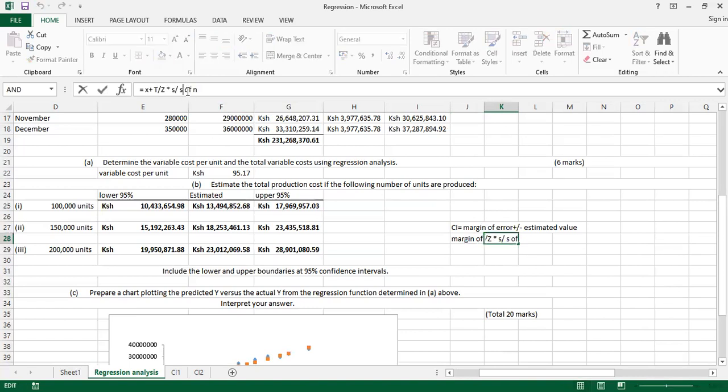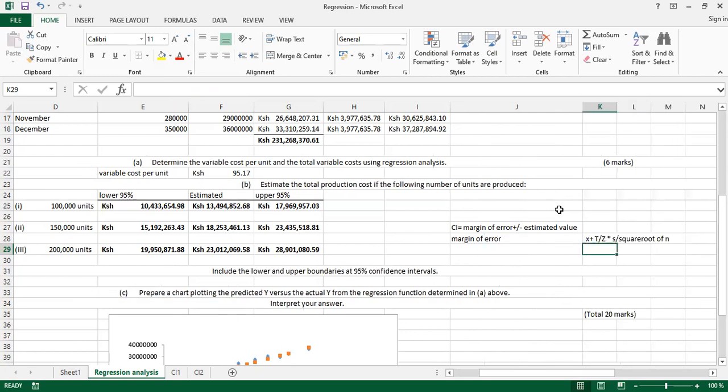That is the long formula. Let me do the square root. Oh, sorry, I started with the equal sign, so it was confusing it. So this one is the margin of error, how to find the margin of error.